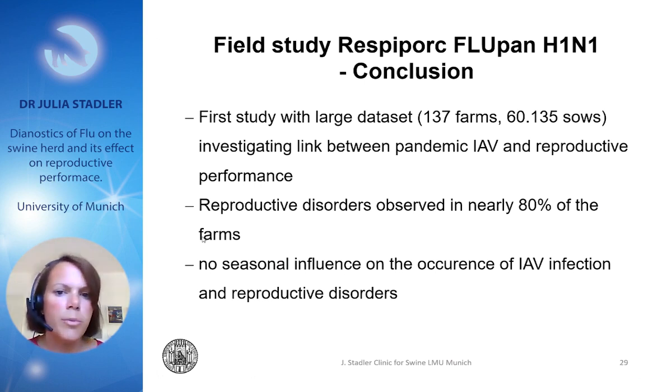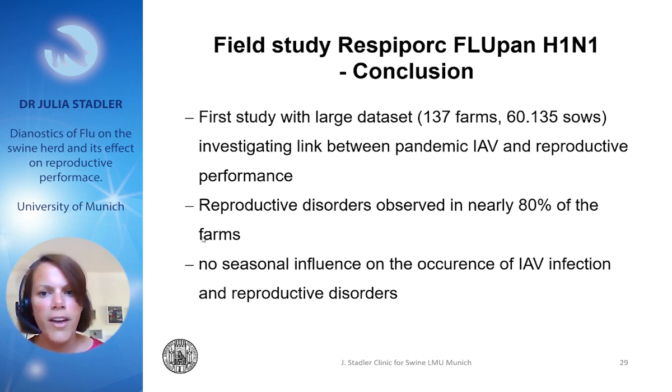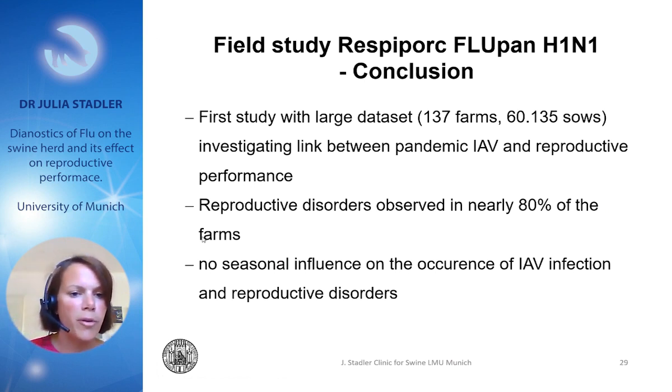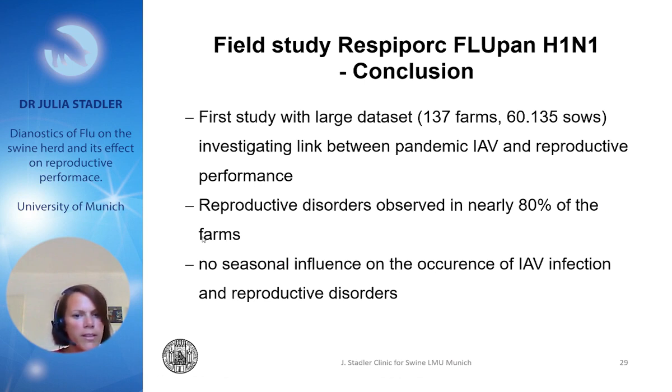Additionally, the large number of farms included and also the large number of sows affected by reduced reproductive performance indicate that influenza infection can have a great impact on swine production. In addition, in line with other studies, we found no seasonal influence on the occurrence of influenza infection, and thus influenza has turned out to be a problem throughout the year.